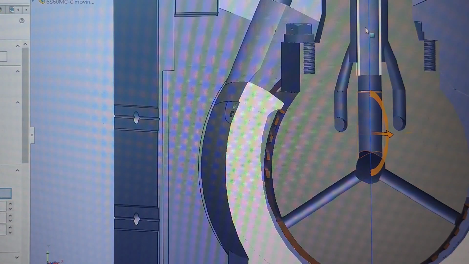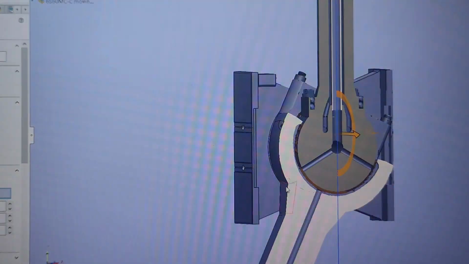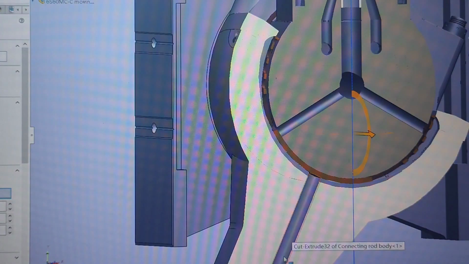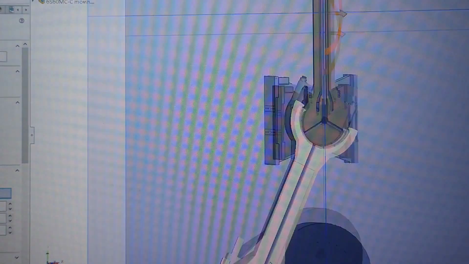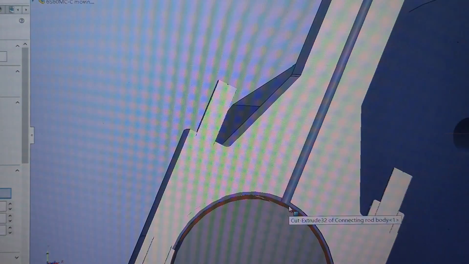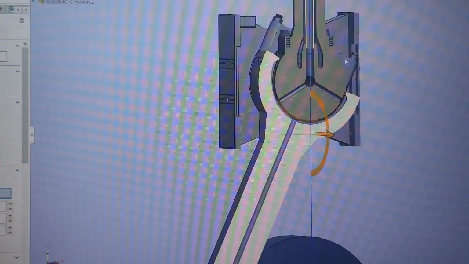Besides that part of the coolant oil, the lifted oil will be conveyed here for the lubrication of the crosshead bearing, and they will be delivered through this passage inside the connecting rod and be used as a lubricant for the main, not the main bearing, but the bigger end of the connecting rod bearings.